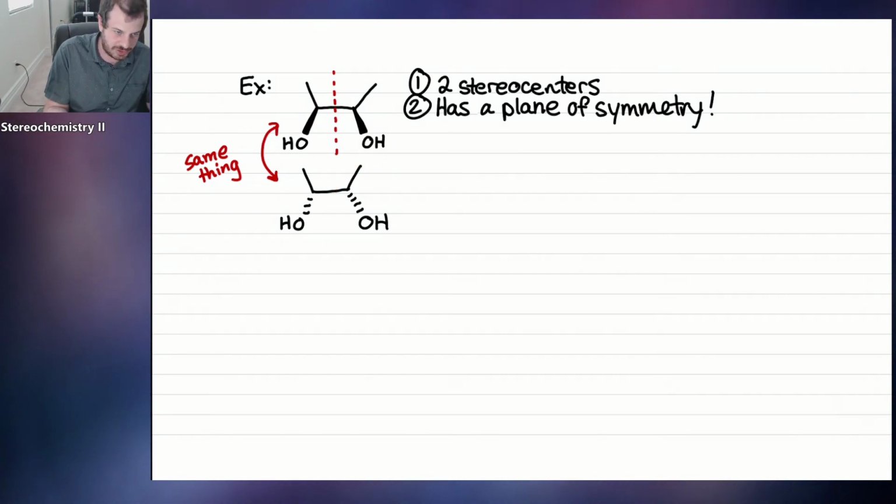Both of the OHs would become wedged because I'm flipping it 180 degrees, and then it's going to look exactly like the starting molecule. If you can take a molecule and flip it over and it's the same as the starting molecule, then that means it's superimposable on itself. You can just flip the molecule over and it becomes the same molecule again. Remember, the definition of stereoisomers is that they are not interconvertible by rotation.